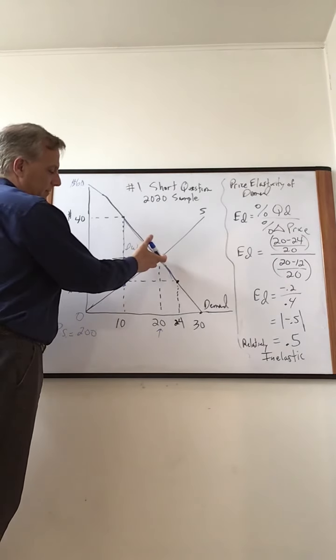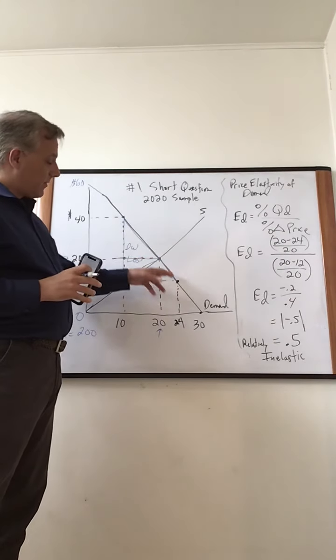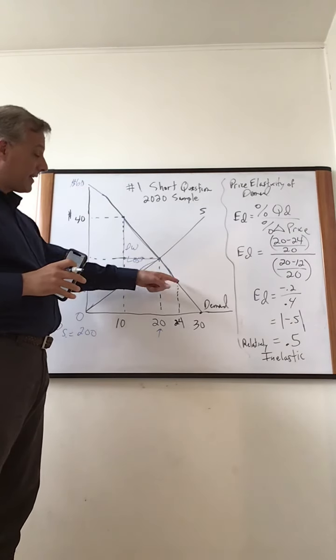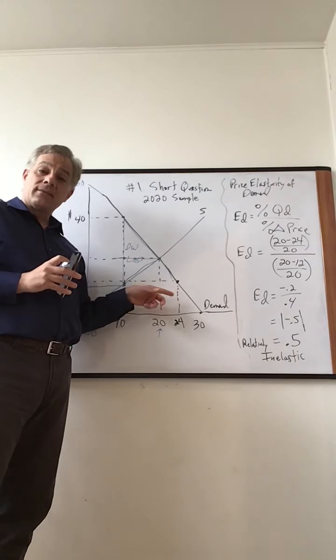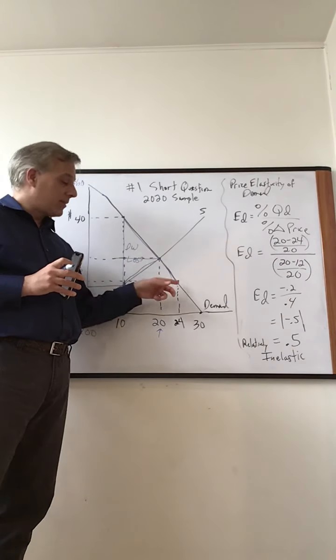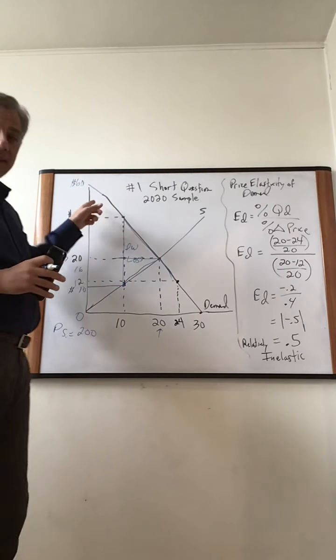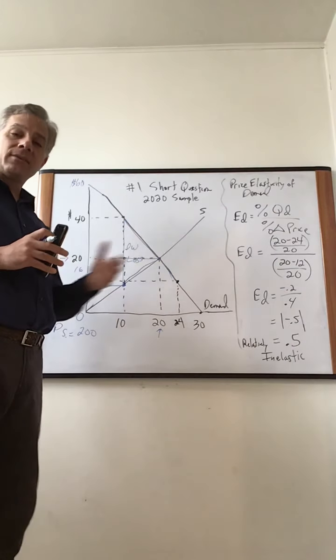Okay. They could ask, in this region, where would total revenue increase or decrease if the price decreased? Well, we're in the inelastic region, so if price decreased, then total revenue would decrease. If we're way up here, and let's say we're in an elastic region and price decreased, then total revenue would increase.